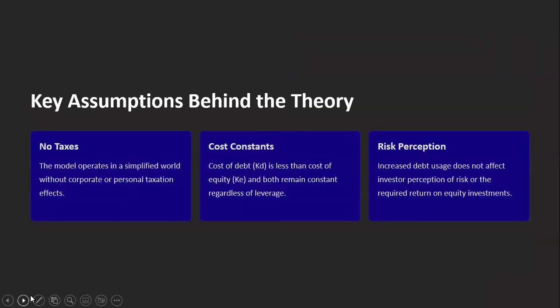Now, what are the key assumptions? The net income approach is a traditional approach. Like the law of demand, you will find no government intervention, no taxes, and two factors, cost of debt and risk, are more essential.